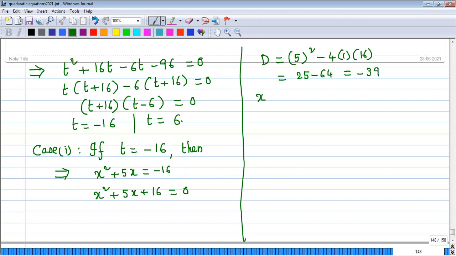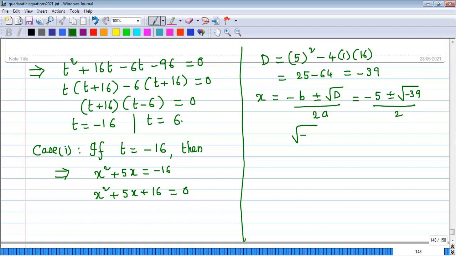So x is equal to minus b plus or minus root D upon 2a. b is 5, so negative 5 plus or minus root of negative 39 upon 2a, 2a means 2. You remember, all of you, negative root 39 equals root of 39 into i square, where i square is equal to minus 1.